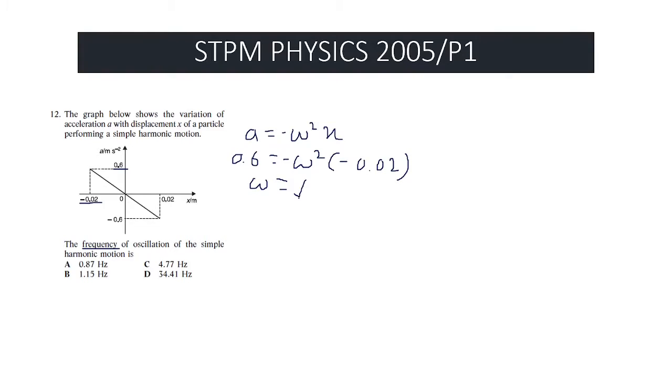We solve for the omega. We will get the square root of 13 radians per second. And omega is also equal to 2 pi f. Now the square root of 13 equals 2 pi f.